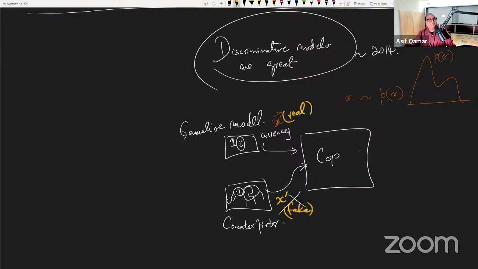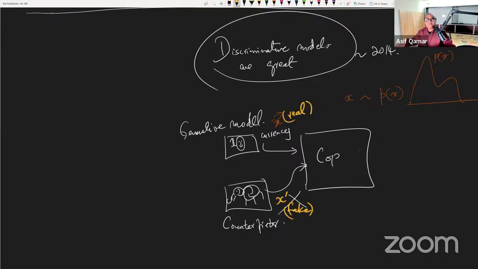X prime is fake. The only way the counterfeiter can start being successful at passing bad bills as dollar bills is if he has somehow figured out what exactly a dollar bill looks like, in detail. Are we making sense? It's as simple as that.